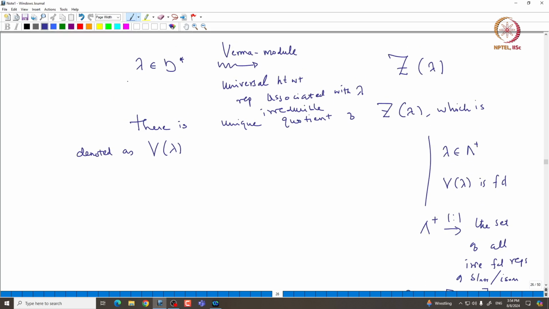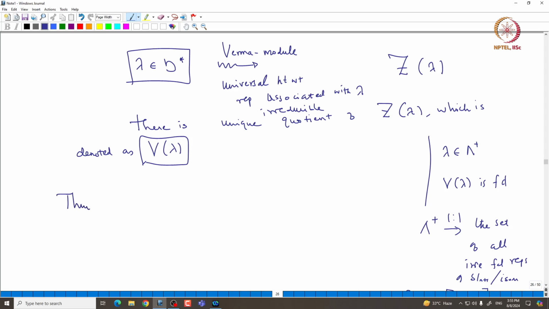Now Verma introduced this Verma module in order to construct the irreducible highest weight representation for any given lambda in H star. That is the beauty of Verma's construction, and that universal construction allows us to deal with infinite dimensional irreducible modules.